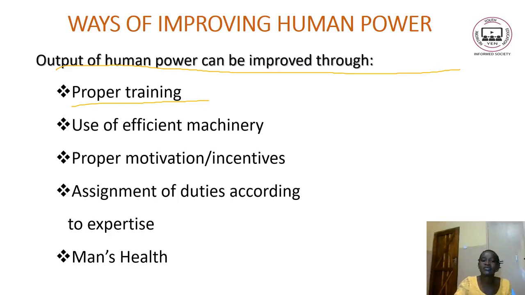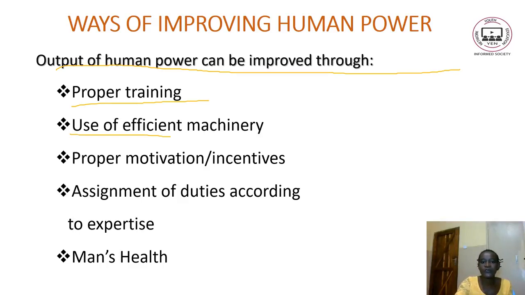So it is not always that you may have skilled labor in the community. If there is no skilled labor, it means you are supposed to train those workers. So proper training is one of the ways of improving human power.